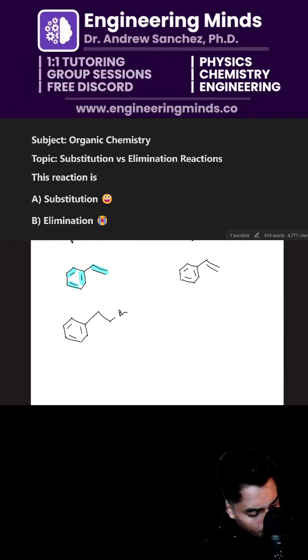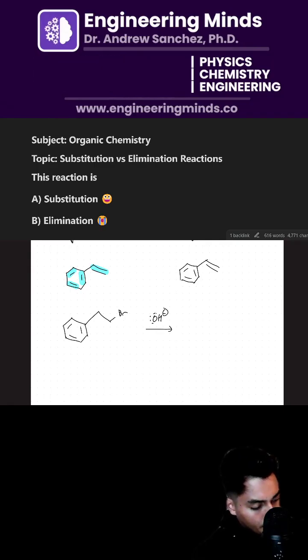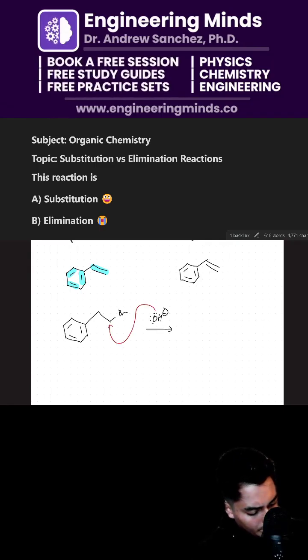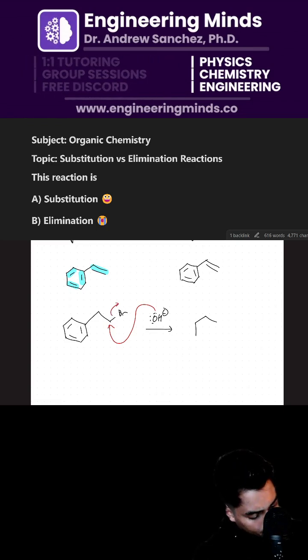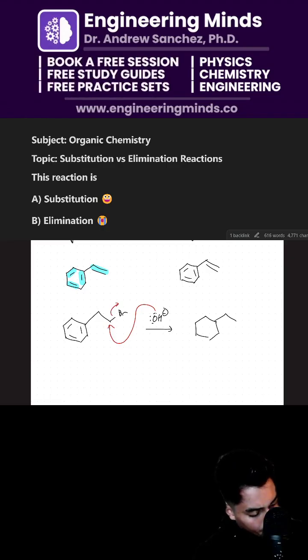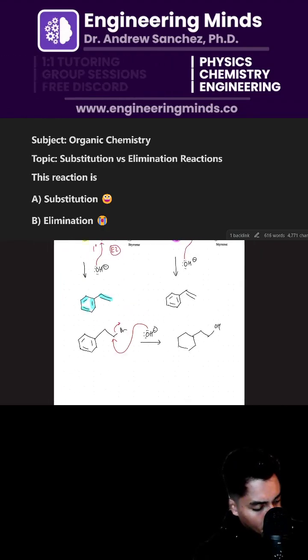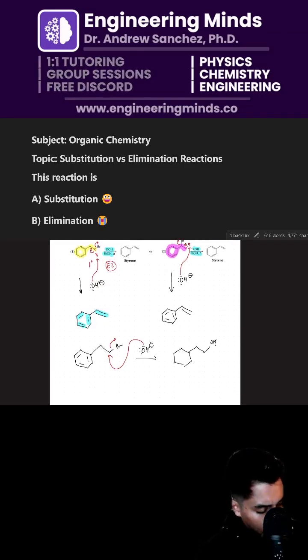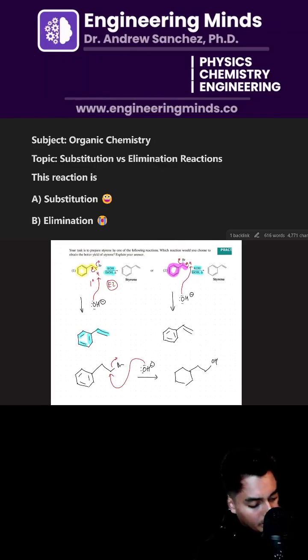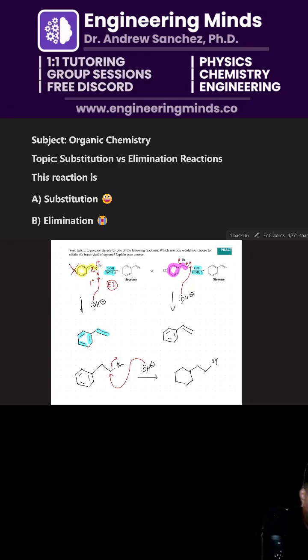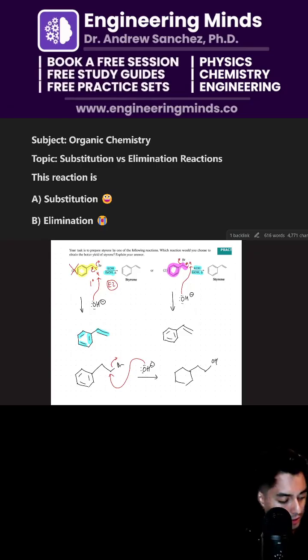So our OH minus is going to come in and kick off that group and generate essentially a different product here. That's not what we want, chat. So this substitution reaction is going to make this one the less favored reaction, because we want this as a product here.